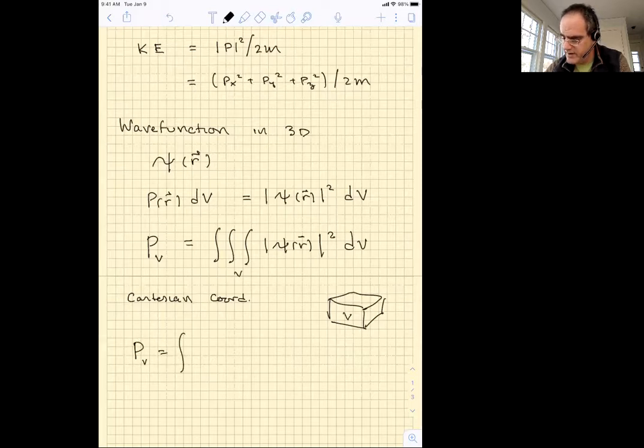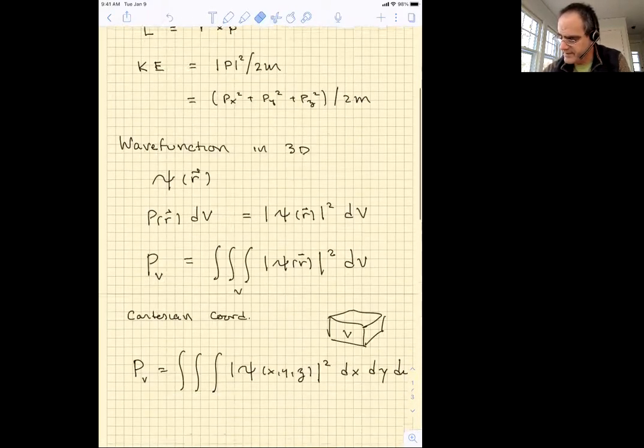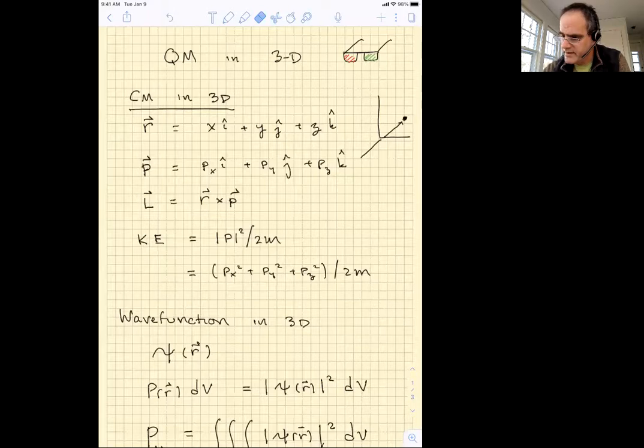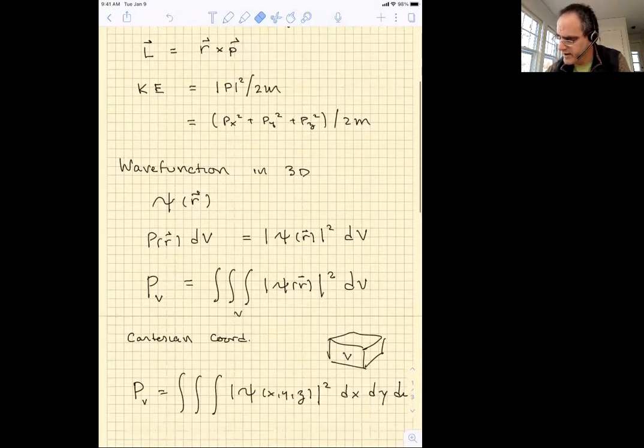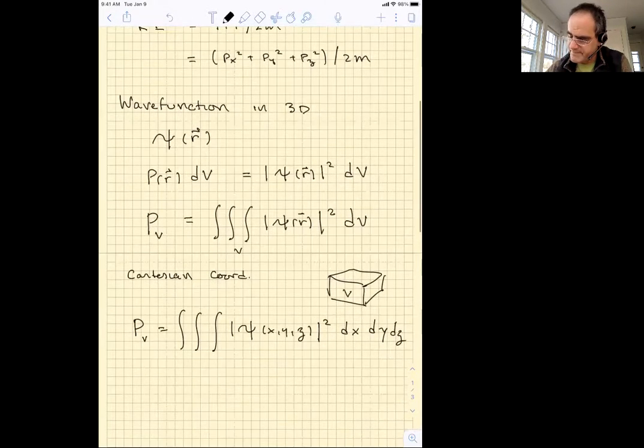This would be an integral over x, y, and z of the probability density, which is a function of the coordinates x, y, and z, and then times the volume element, which would be dx, dy, dz.